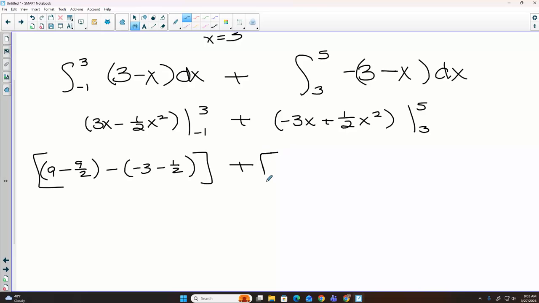Over here, if I put in my 5, minus, put in the 3. So then if we calculate, we get 10.